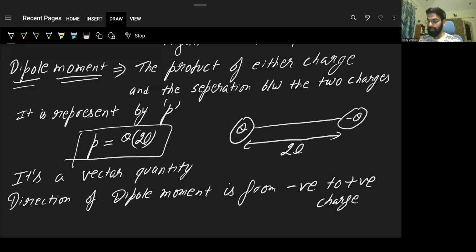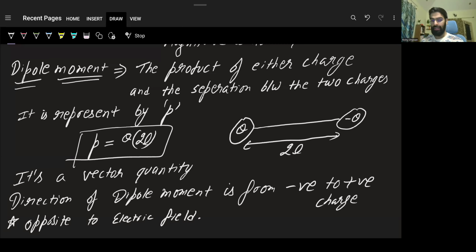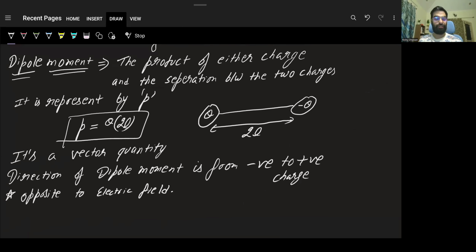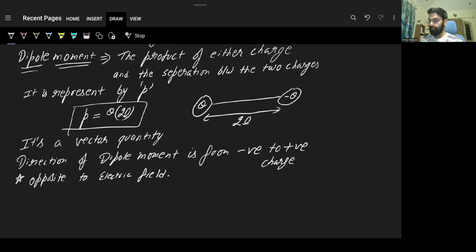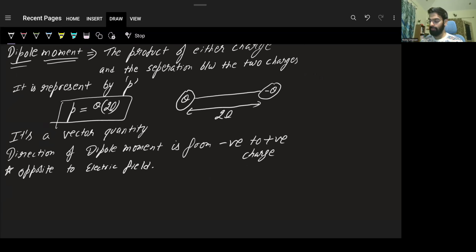That means it is opposite to the electric field. So the dipole moment direction is opposite to the electric field. Right? Clear up to here? Now, so understand about dipole. What is a dipole moment? So dipole moment is written by letter P. The direction is from negative to positive. Right? So now, hope you have written up to here.